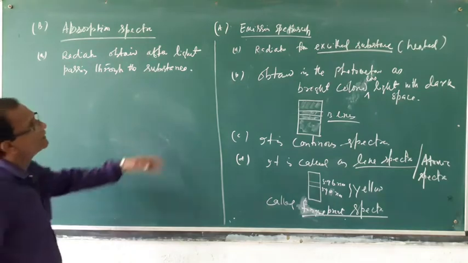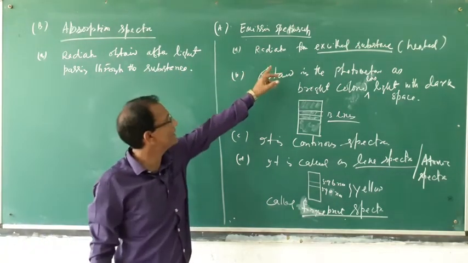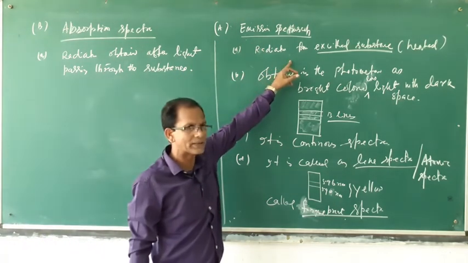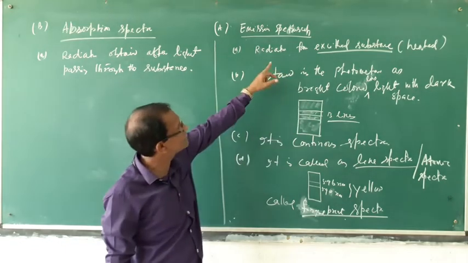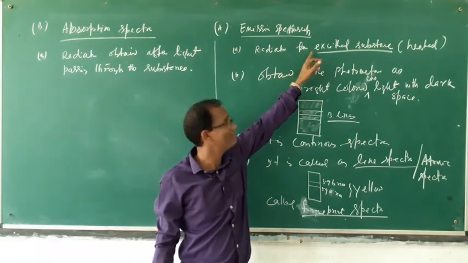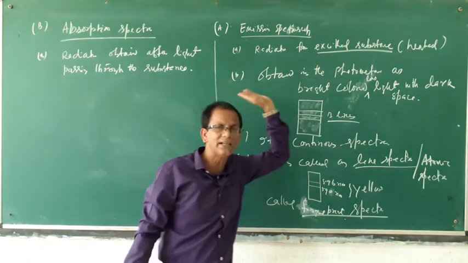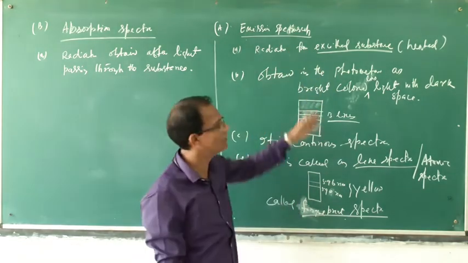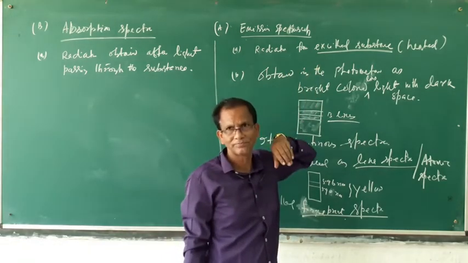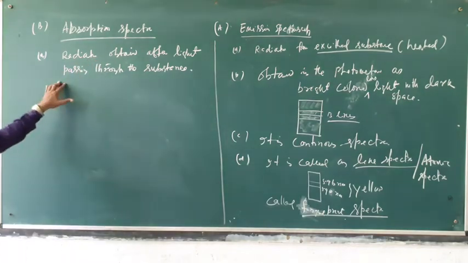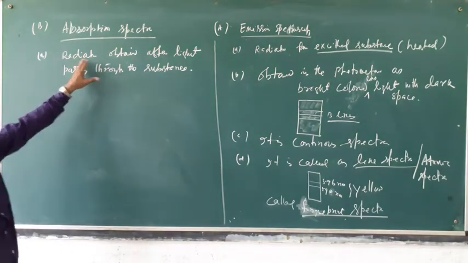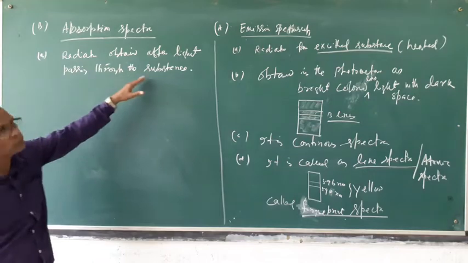What is the difference here? In emission spectra, when the substance gets heated, the light produced from the excited substance is used directly in the spectroscope. But in absorption spectra, the radiation is obtained after light passes through the substance.